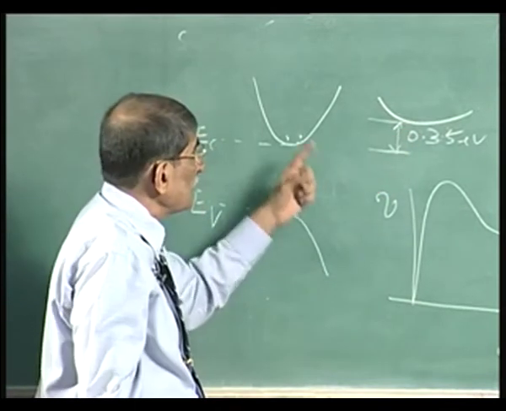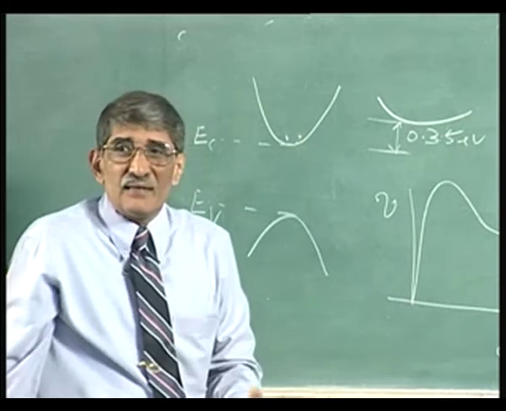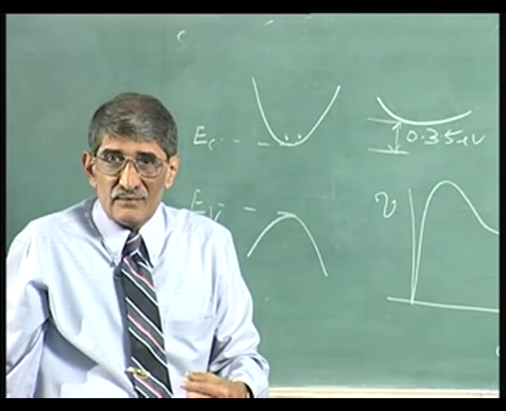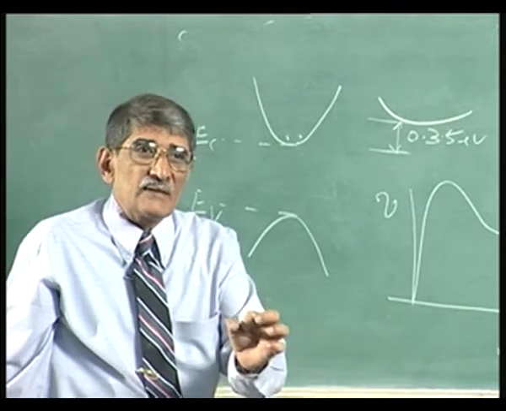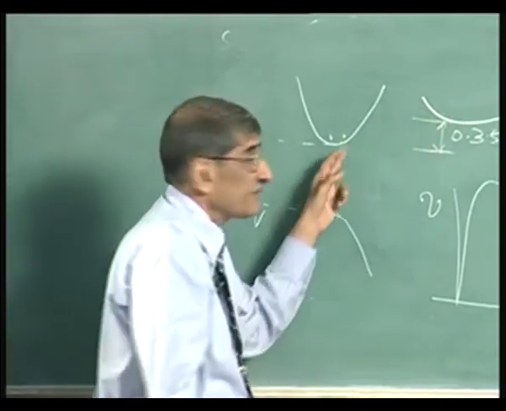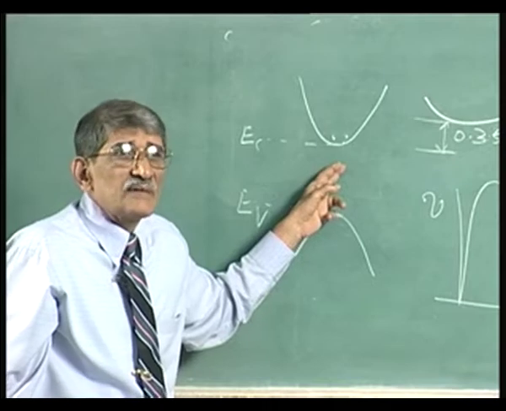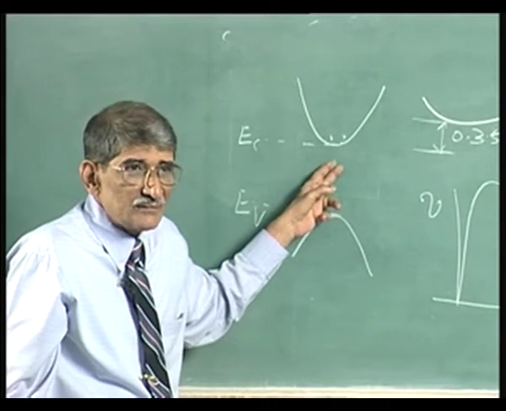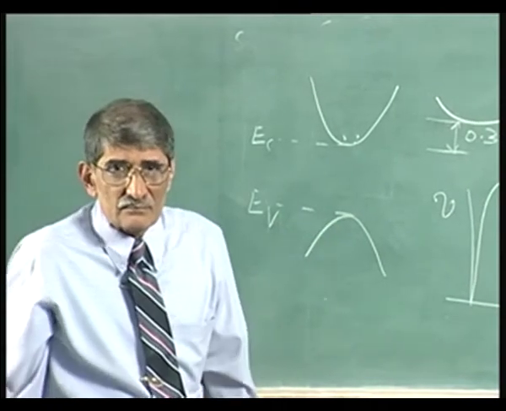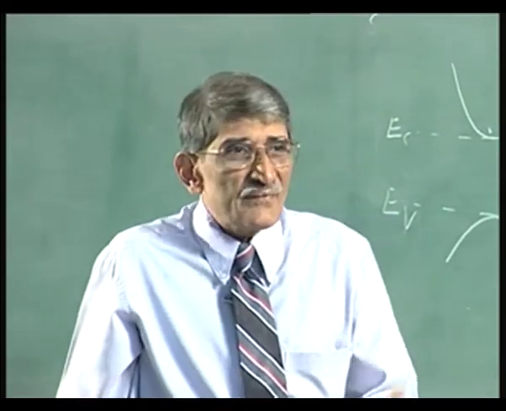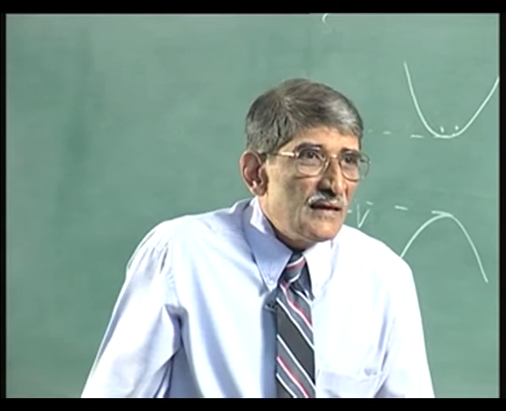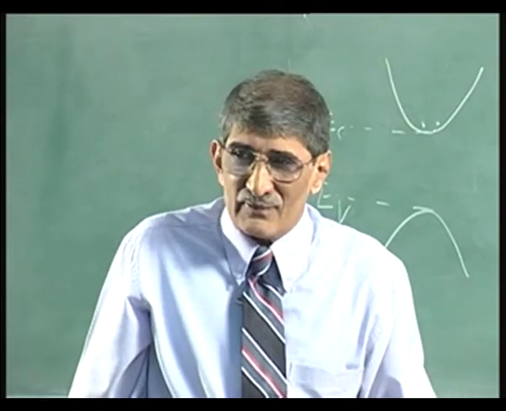Now, you can acquire a high field if the channel length is very small and the voltage is less than 0.35 electron volts. Suppose the voltage is 0.3 volts, what is the energy of the electron? Q into V is energy. If voltage is 0.3 volts, energy is 0.3 electron volts.